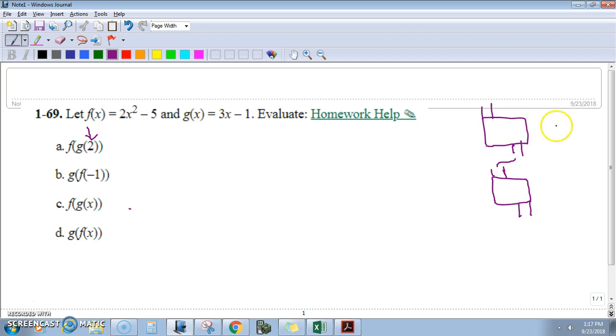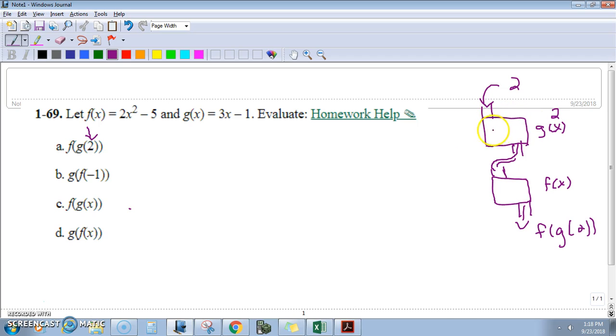So what this first one is asking is, if this is g of x, because we're starting, that's what's in the middle, and this is f of x, if I start with a 2 for g of x, if a 2 goes in, what comes out here, and then that output is the input for f of x, and then what finally comes out of the second machine is f of g of 2, right? F of g of 2.